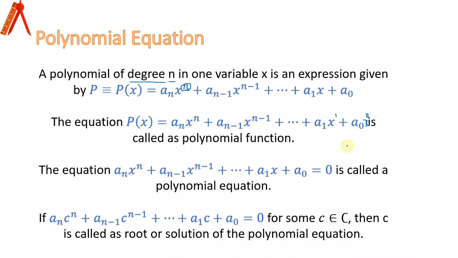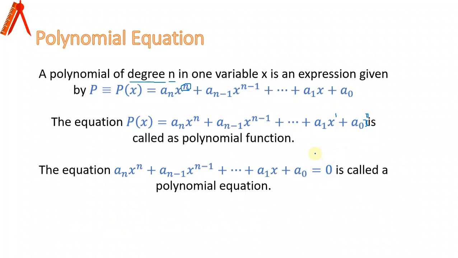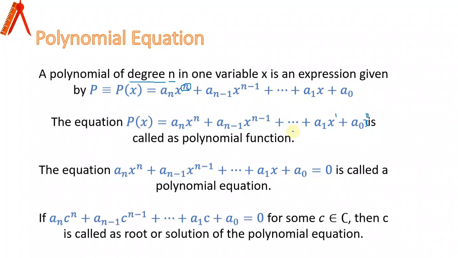But what is a polynomial equation? If we have this function equal to 0, then the equation is said to be a polynomial equation. And this is possible if and only if we represent this x as c, and this equation is always a constant, then c is said to be the root or solution of the polynomial equation.